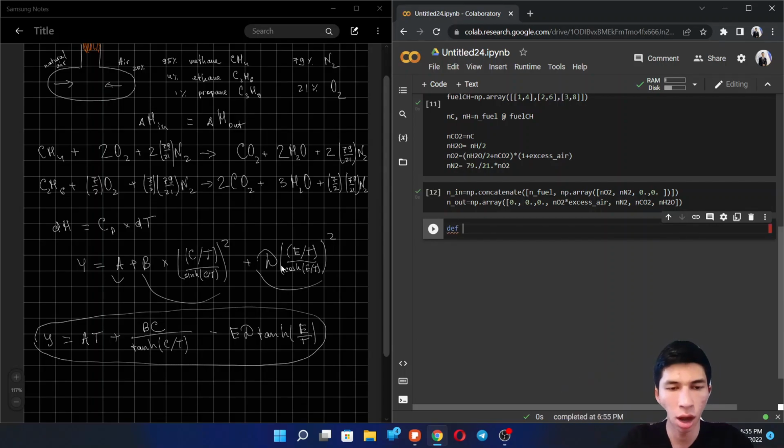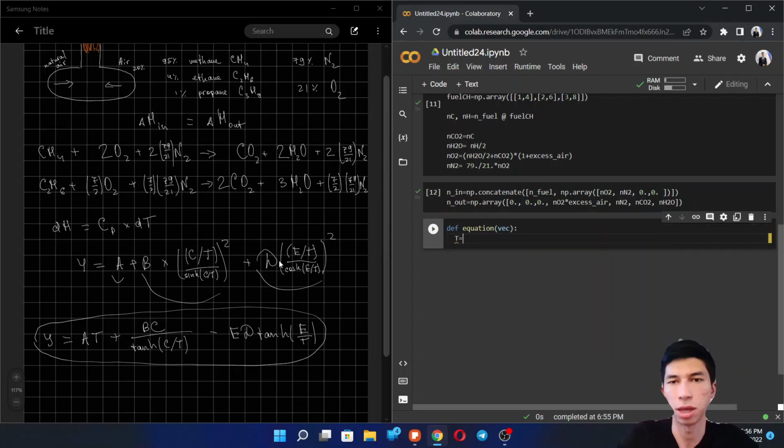So now we have to find the enthalpies, right? In order to use the root solver, we should have a function that we put into it. So our function is gonna be the difference between enthalpies that are going in and the enthalpies that are going out. Let's say it's an equation that's gonna take a vector.